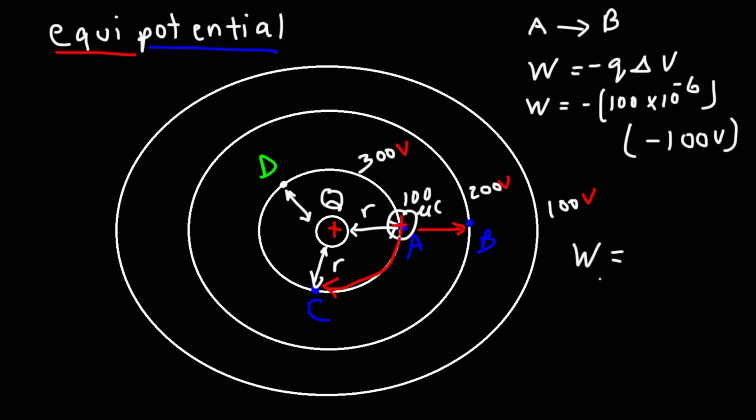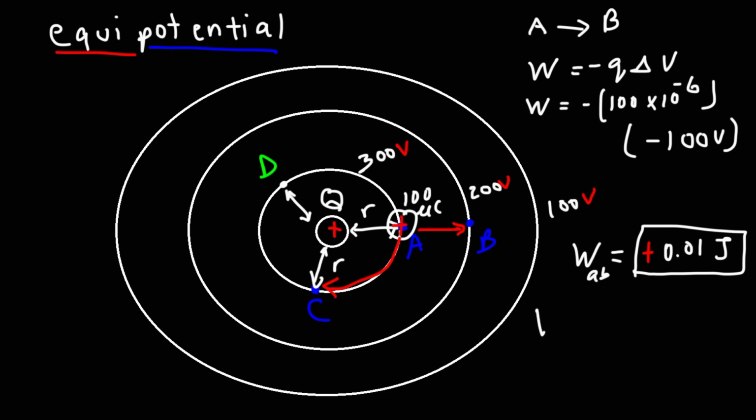So the work going from A to B is negative 100 times 10 to the negative 6 times negative 100. So it's positive 0.01 joules, which sounds pretty small. So that's how much work is required to move it from point A to point B. It's accelerating as it goes from A to B, the speed is increasing, and so the work done is positive.